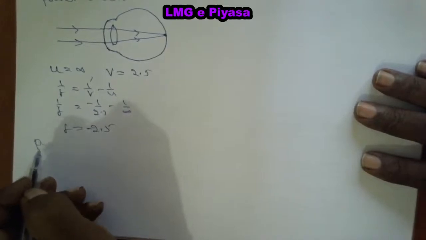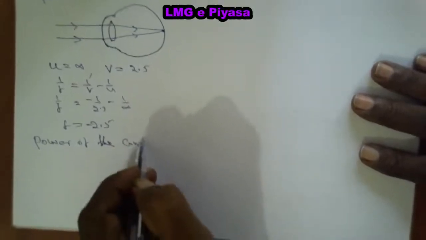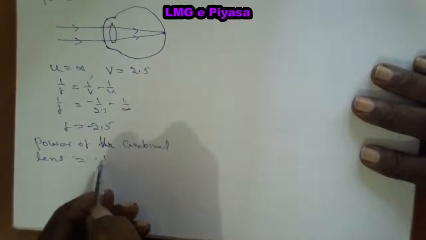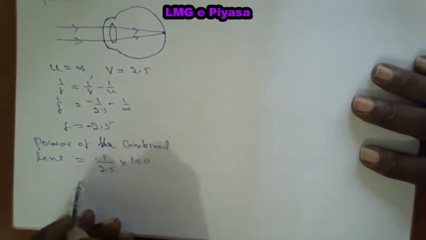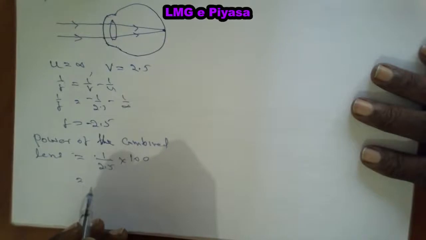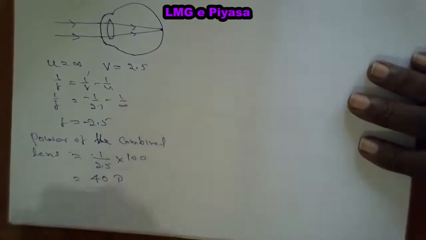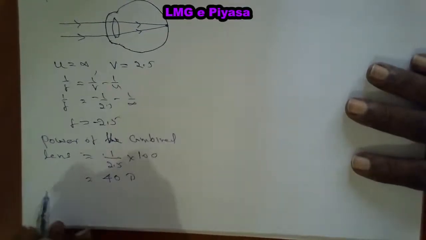Therefore, the power of the combined lens equals 1 over 2.5 into 100, that is equal to 40 diopters. So this is the minimum value.